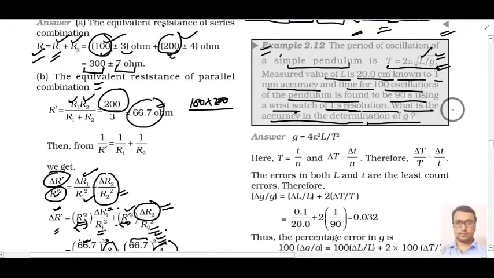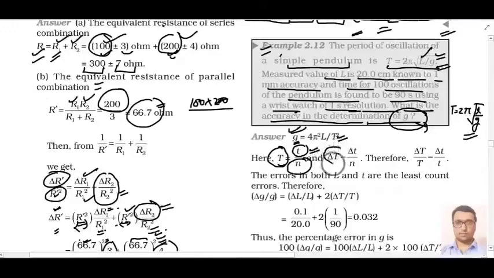So first of all we have to solve this formula, T equal to 2 pi under root L by g. From here we have to find the value of g. That will come out like this. Why? Because we get g on the LHS, as we have to find the error in measurement of g. Then we know that the time period of oscillations is given by the total time observed divided by the number of observations.